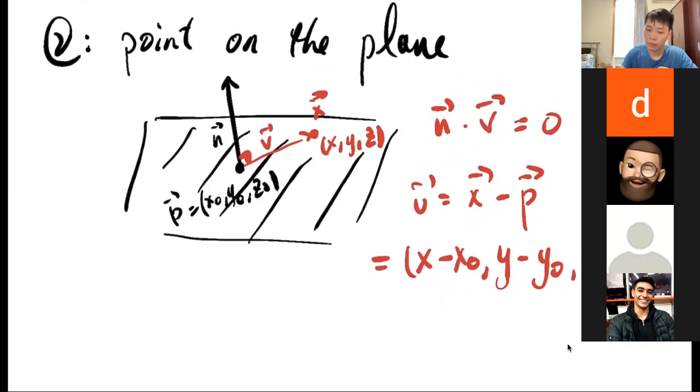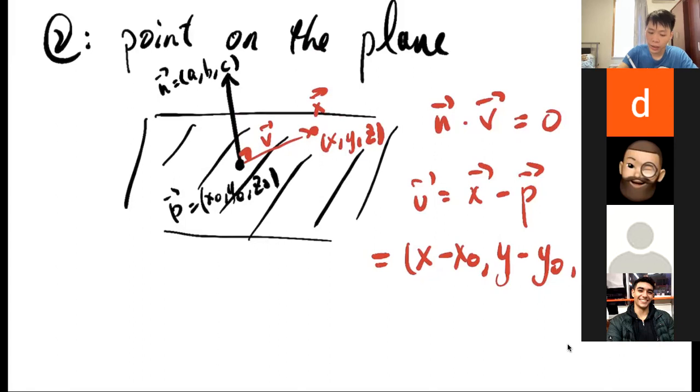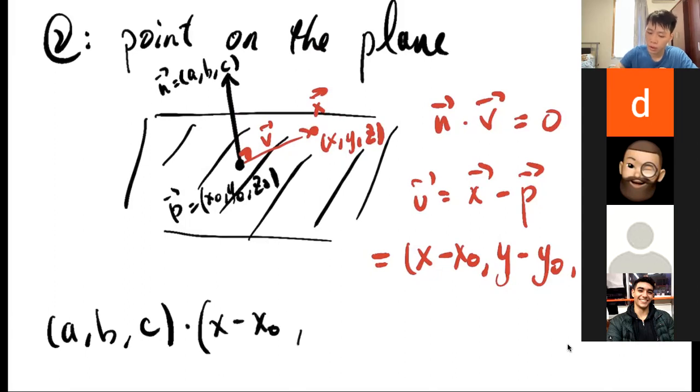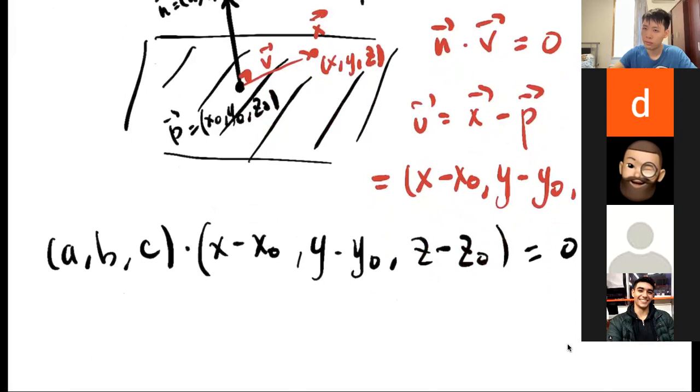So let's say the normal vector n is A, B, and C. That means that A, B, and C dotted with x minus x0, y minus y0, z minus z0 is 0.